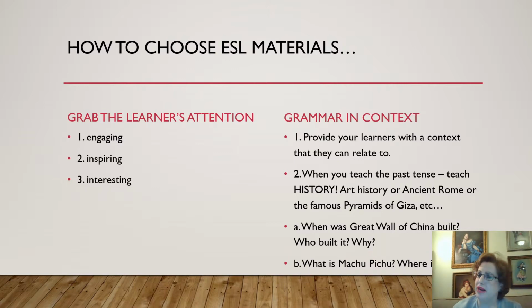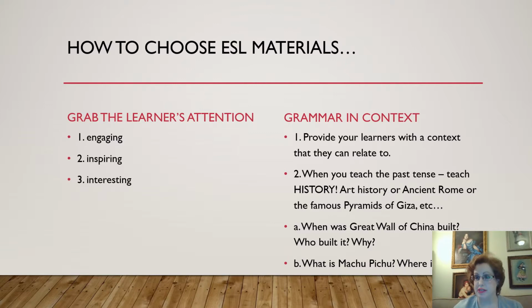Also keep in mind it's important to teach grammar in context. Provide the learners with a context that they can relate to. When you teach the past tense, teach history, whether it's art history or ancient Rome or the famous pyramids of Giza.